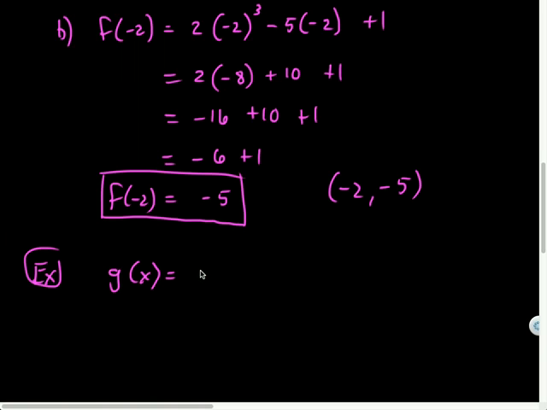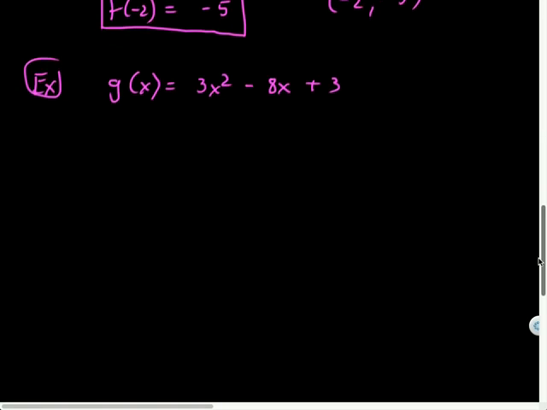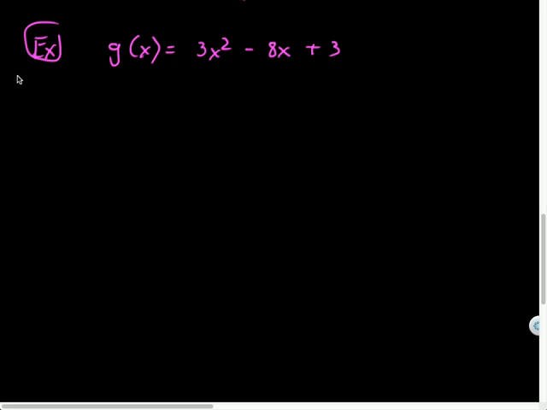What if instead of 2, let's make it 3x squared minus 8x plus 3. There we go. And let's say this time I want to figure out what is g of a plus 2.